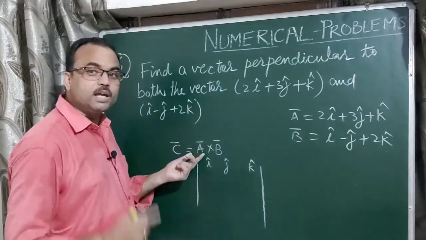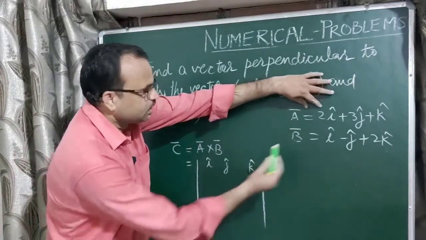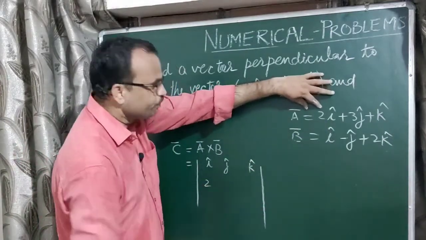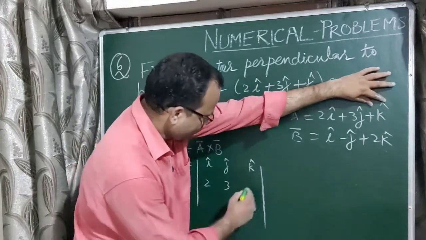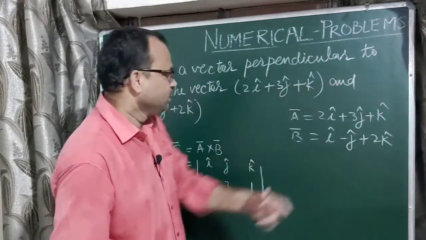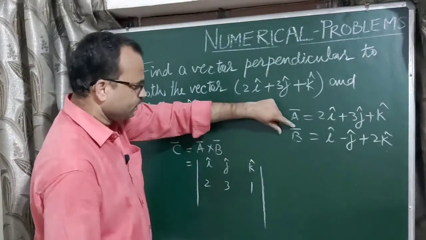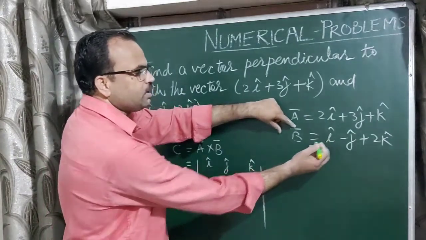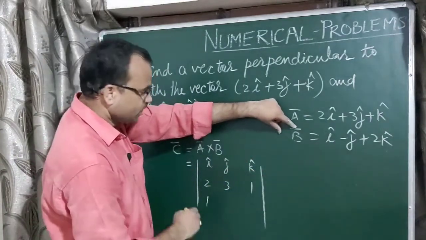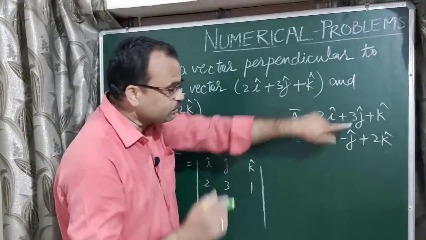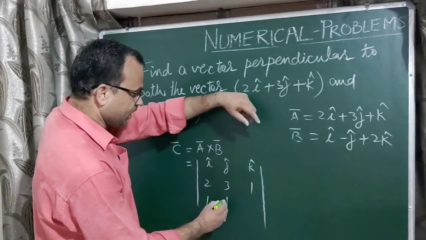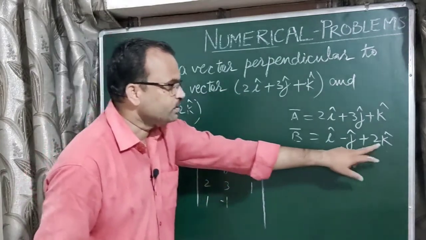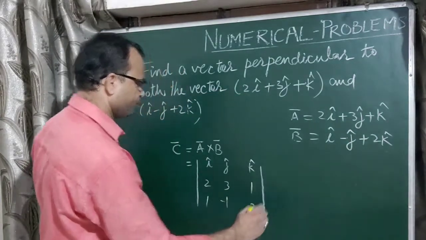First in A vector, the coefficient of I is 2, coefficient of J is 3, coefficient of K is 1, right? Similarly in case of B, write the coefficient of I, which is 1, coefficient of J, which is minus 1 because the sign is minus, so we write it with a negative sign, minus 1. Then coefficient of K is 2.